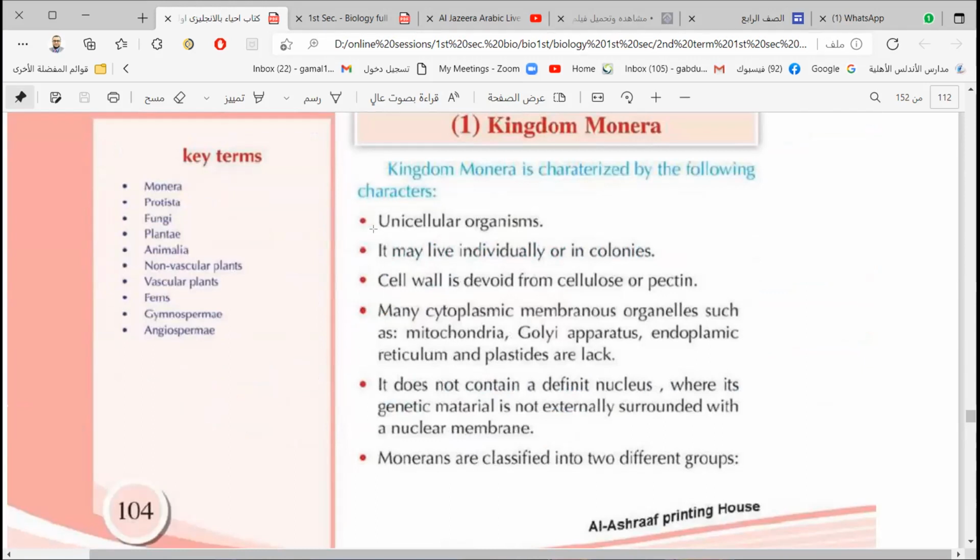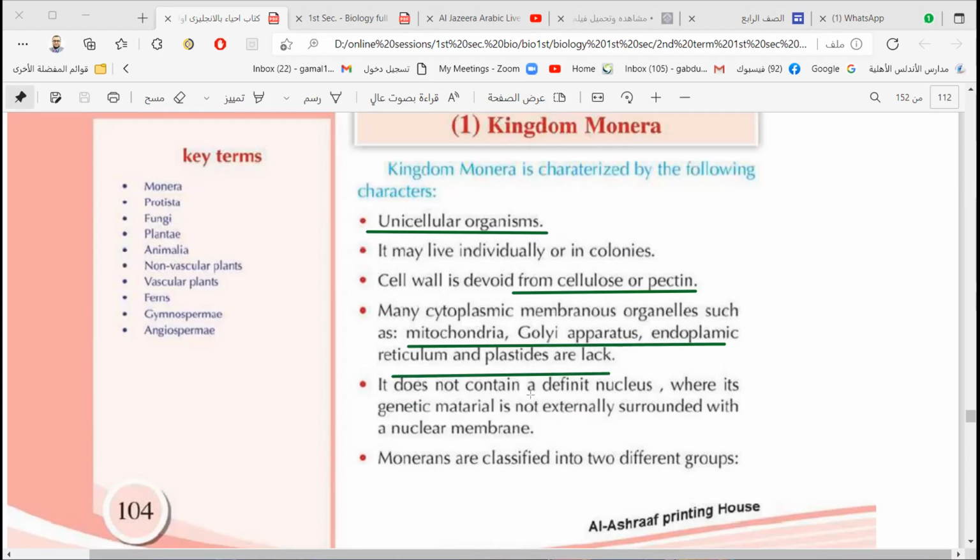They don't have a real nucleus. Monera are unicellular organisms. They don't have cellulose in the wall. There is absence of many organelles in the cytoplasm, like mitochondria, Golgi apparatus, endoplasmic reticulum, and so on. They don't contain a definite nucleus. This is the most important issue.